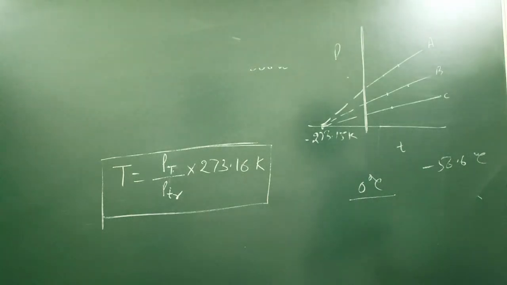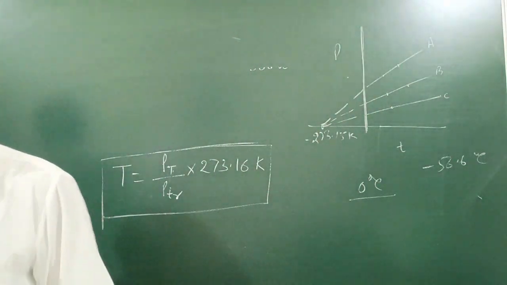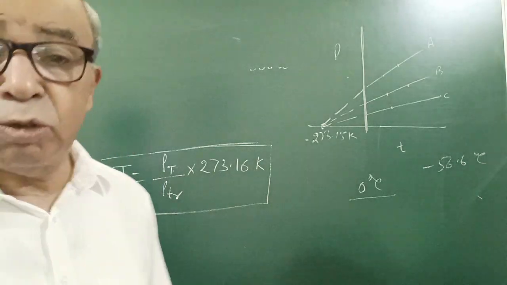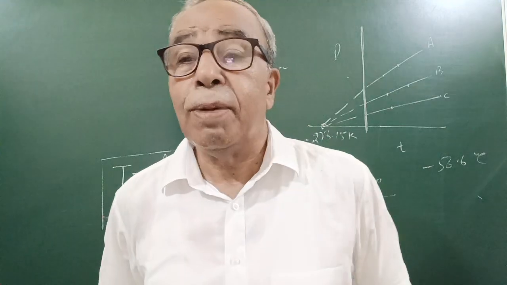So the material is different, but it is a unique temperature for every material. At a given temperature and pressure, all three states can exist together. Now I will be coming in the next video with thermal expansion.